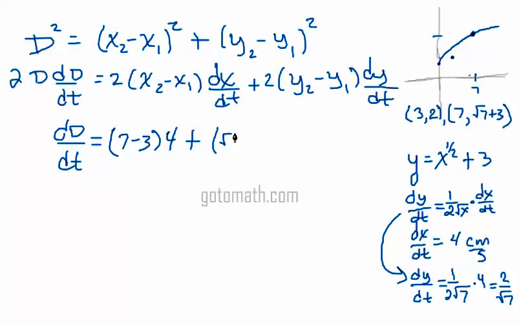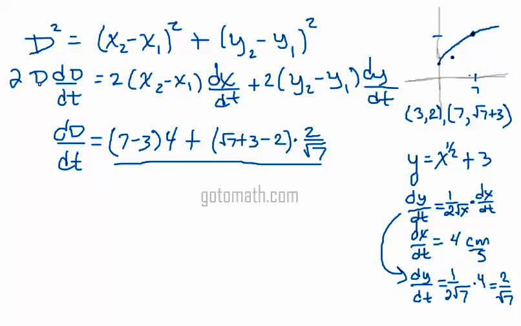So this becomes the square root of 7 plus 3 minus 2 times dy over dt, and dy over dt is 2 over the square root of 7. Okay, and this is all over D.